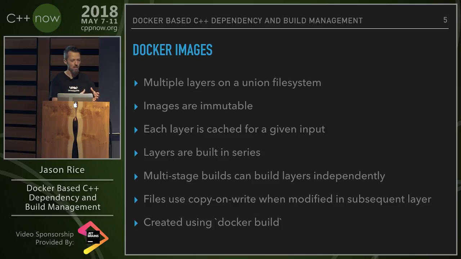So it creates a digest of every layer. Every layer is dependent on the previous layer, and it caches it using that digest. So when you build it again, it can just assume that it's using the same image, and just use that instead of having to do the expensive build operation.